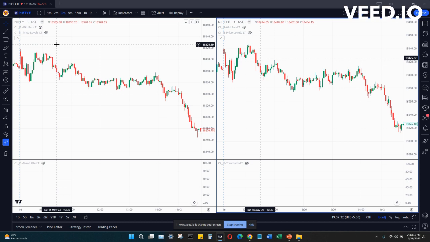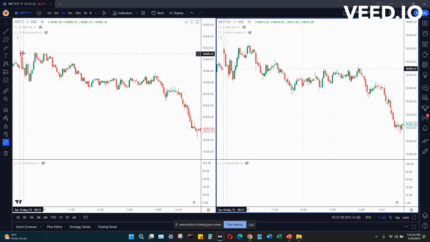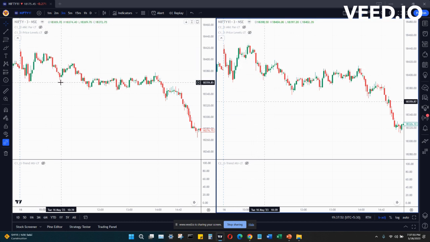So before I bring these indicators on, let's have a quick look at the price action for May 16th. As you could see, the price almost had a flat open, right? And then it showed some kind of bearishness. Then it moved back again to the same high right here, and then it started moving lower than the morning's range.